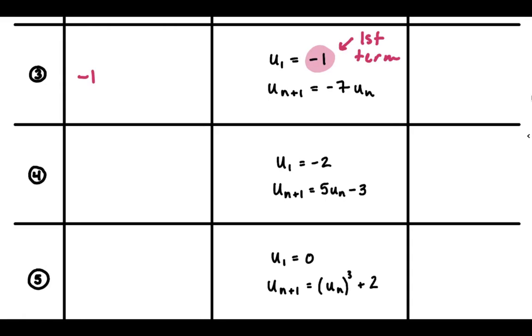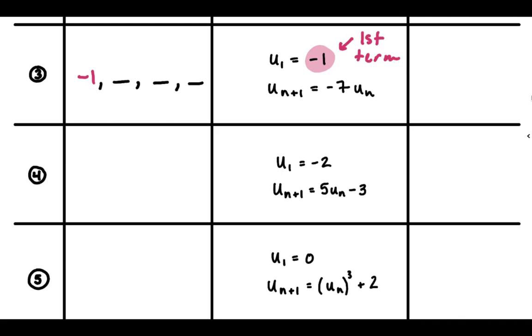So our sequence starts at negative 1, and then we want to fill in some other terms in the sequence. That's where we're going to look at our rule. Our rule says the next is negative 7 times the now.